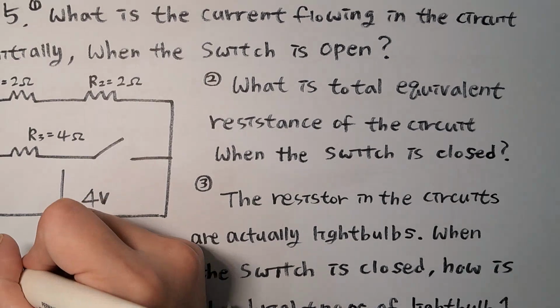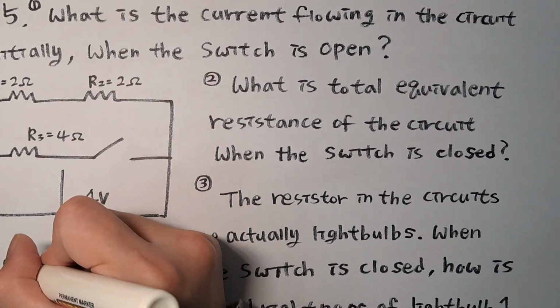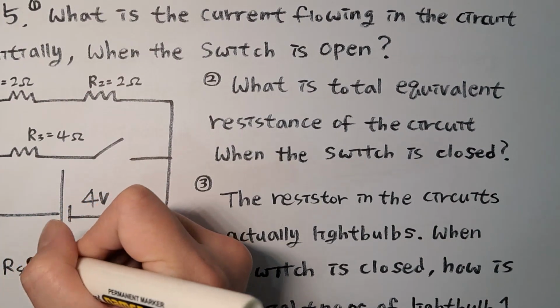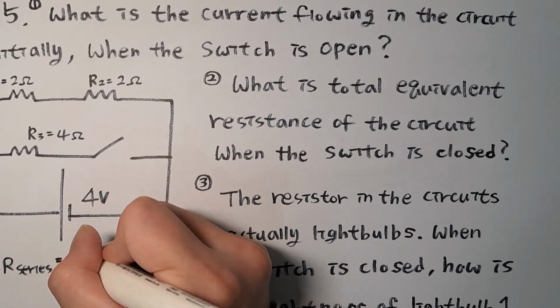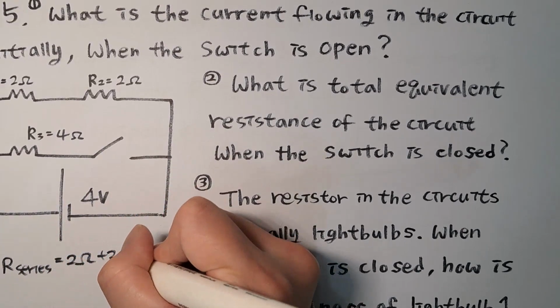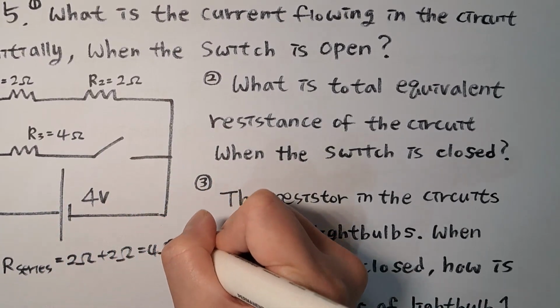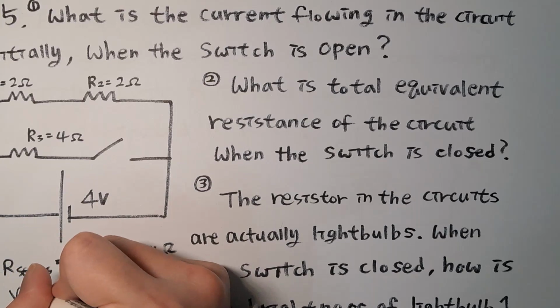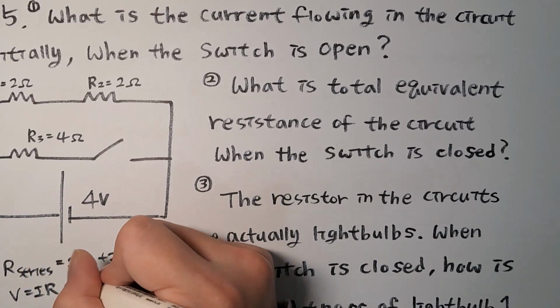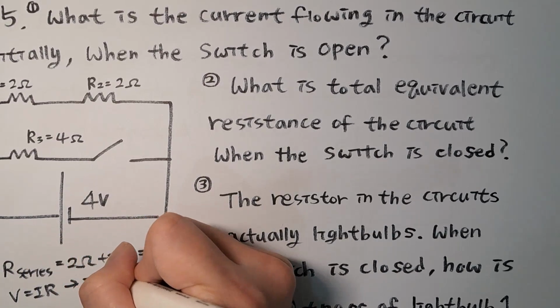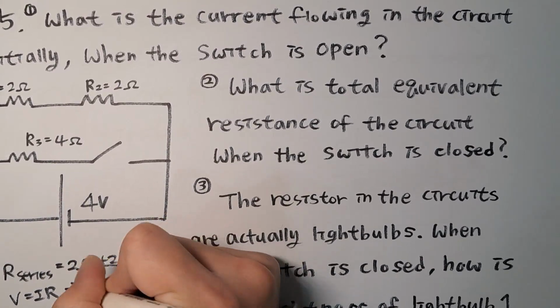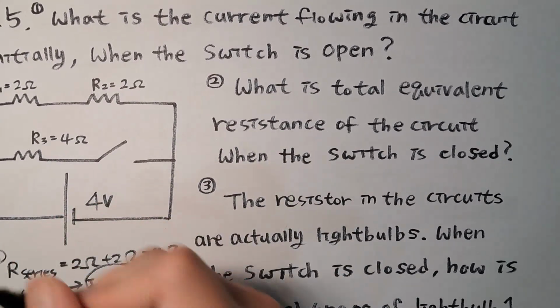So we are going to find the resistance for the series circuit. So the current is going to be 1 ampere.